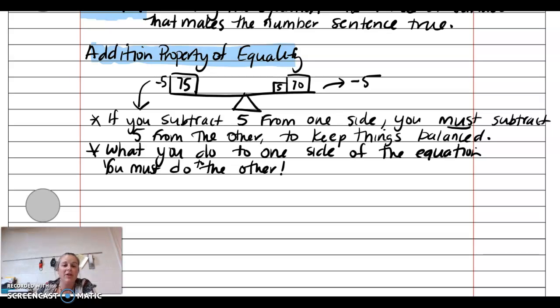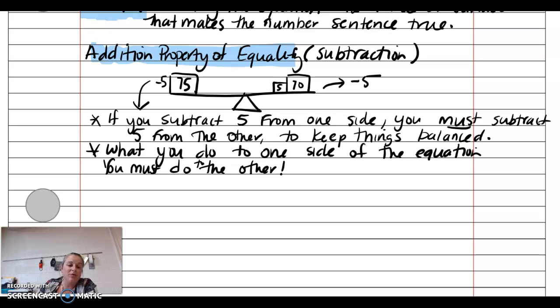So I might even put up here next to the addition property of equality, in parentheses, this goes for the subtraction property as well. If you add something to one side, you have to add it to the other. Keep it balanced. Keep the weight the same on both sides.